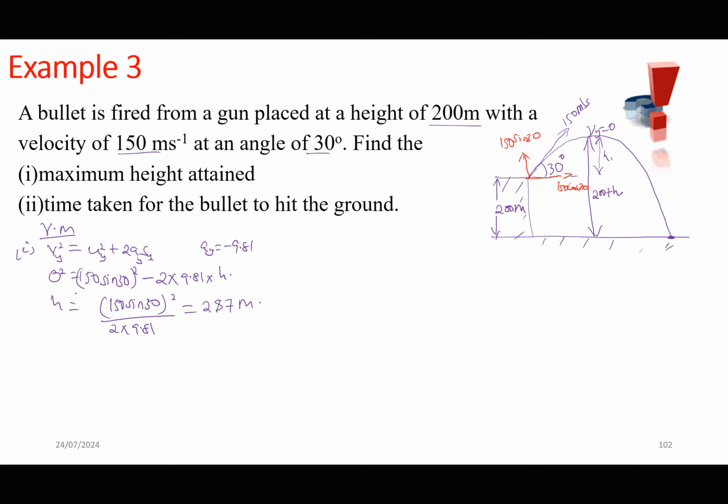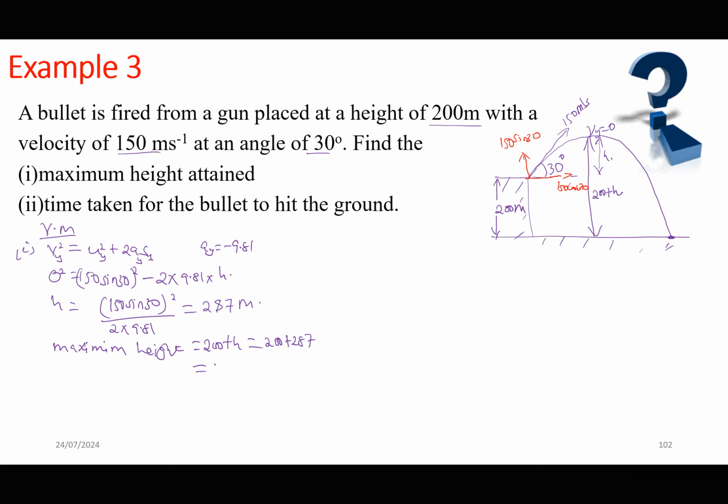So it means the maximum height we said it is 200 plus small h, which is going to be 200 plus 287, and this becomes 487 meters.